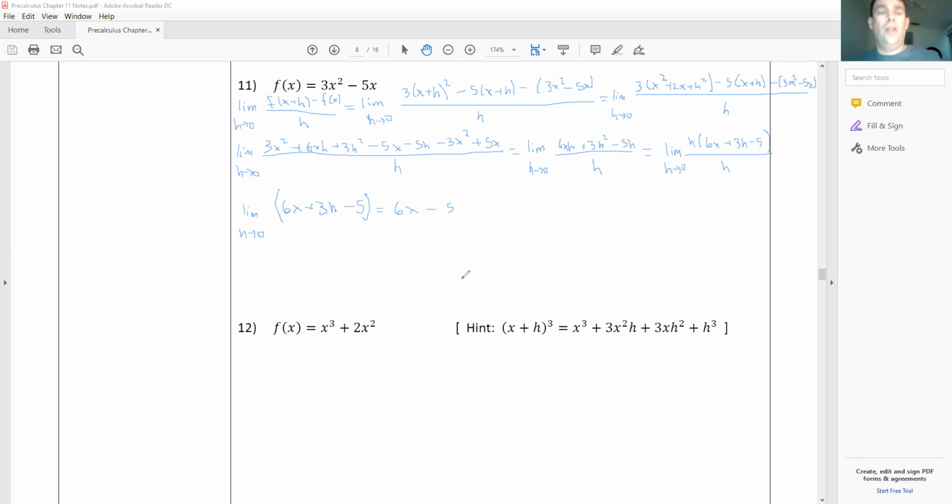All right, friends, one last one, and then we'll call it a day. Why don't you go and try that and see how you do. Go for it. All right, here we go. The limit as h approaches 0 of f of x plus h minus f of x.